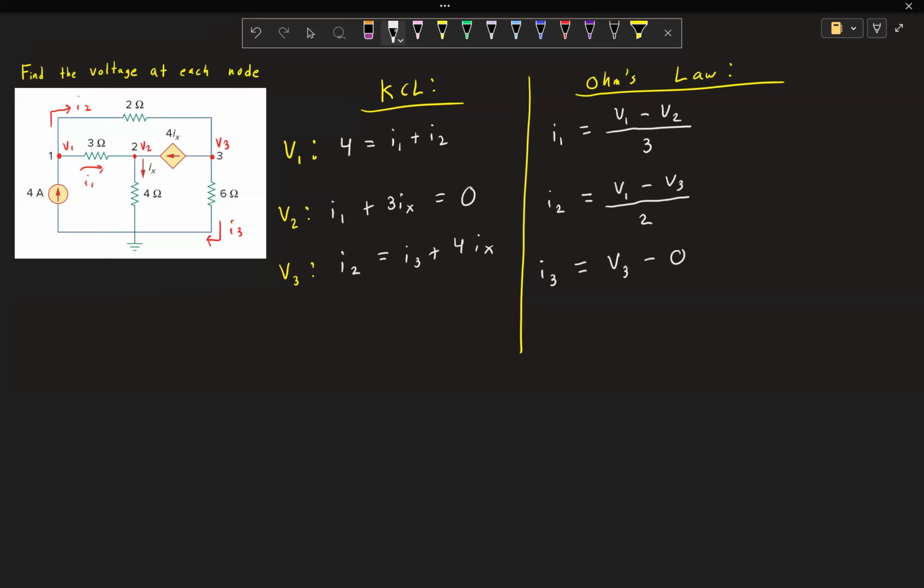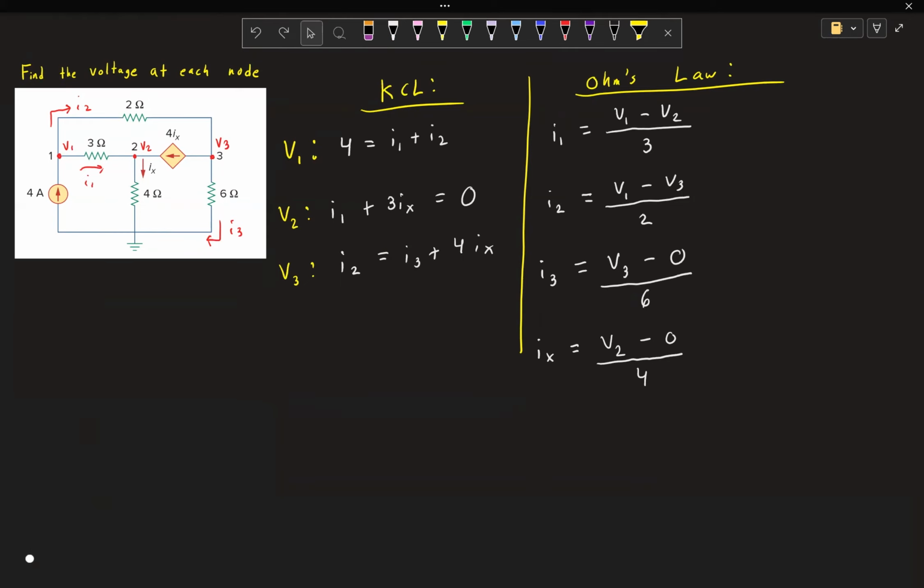So V3 minus 0, still divided by that 6 ohm resistor. Now the only current left is just this IX they gave us in the problem. And that one's going to be equal to V2 minus 0 over 4.